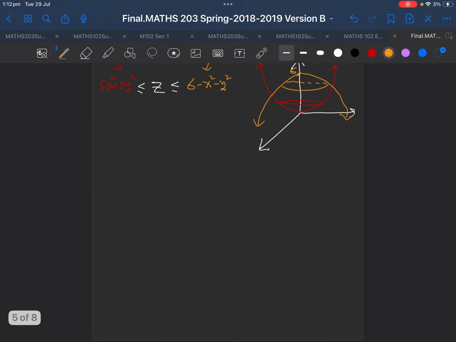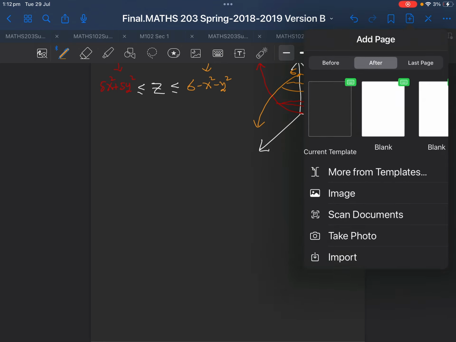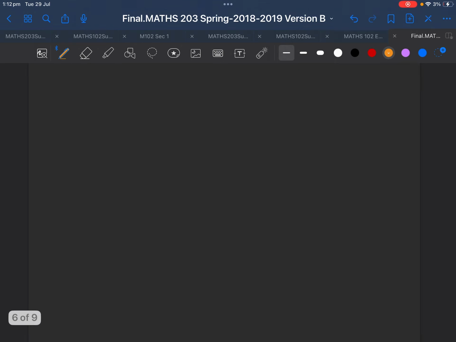So if we go to my final answer, which I will write on the second page so that we don't mix things up, the first integral I will do is dz. What should I write down at the bottom? I need to write down this one. What should I write at the top? It's this one.